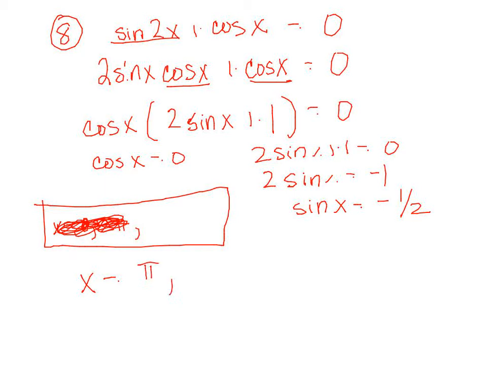That is at pi over 2 and 3 pi over 2. And sine is negative 1/2 at 7 pi over 6 and 11 pi over 6. Okay, so once again, I was not thinking cosine, I was thinking sine here. Cosine is 0 at pi over 2 and 3 pi over 2. And then sine is equal to negative 1/2 at 7 pi over 6 and 11 pi over 6.